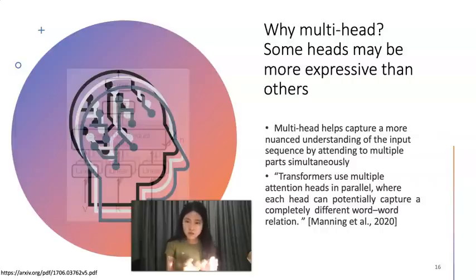As you can imagine, some heads may capture some relation between your current token and some context token, but some other heads may have a different opinion. And if we can combine all of them together, we can get a better representation for the current token.